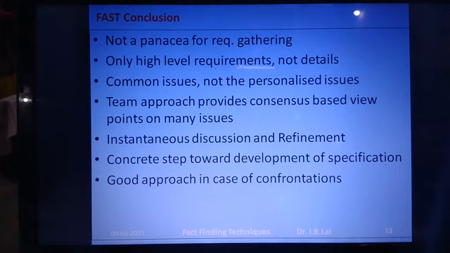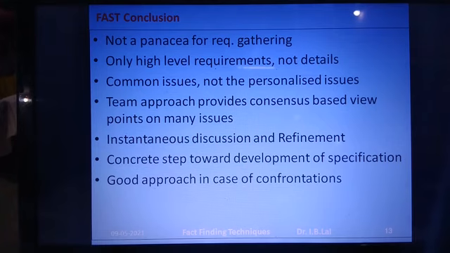So the conclusion of FAST is that it is not the only solution. It is not a panacea for requirements gathering. In FAST, we basically gather the high-level requirements, the macro-level requirements, not the details. Because these are senior executives, for the details they say to go to the stakeholders, the person responsible for accomplishing a particular task.